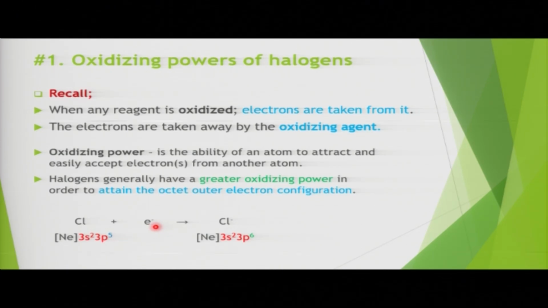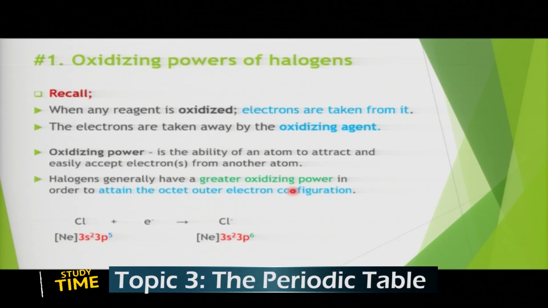So it gains 1 electron to have the p orbital fulfilled. In that way, it forms the halide ion, in this case a chloride. Because they simply need 1 electron to be stable, they are strong oxidizing agents.